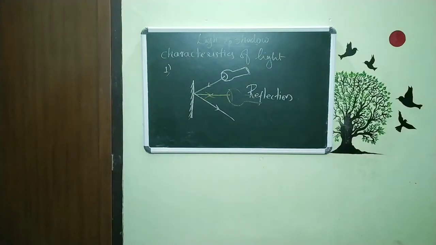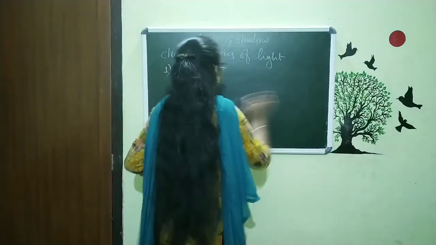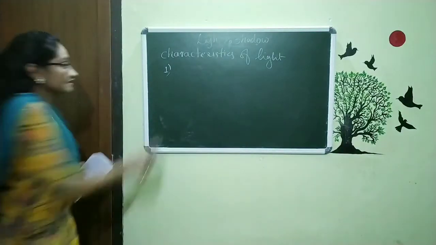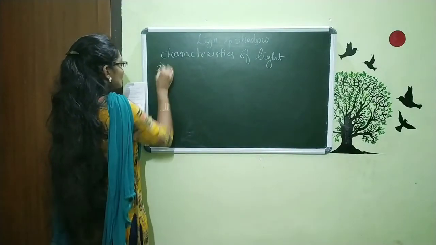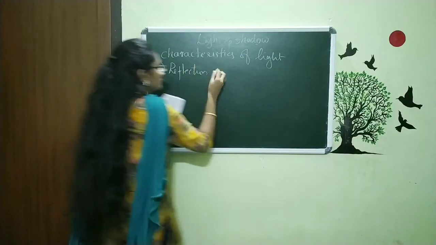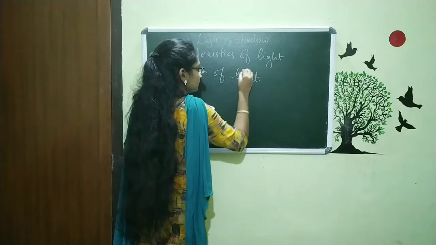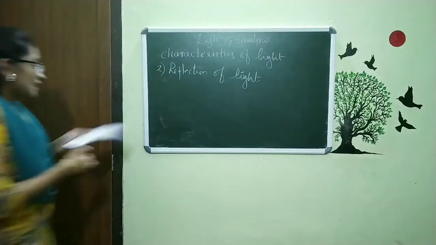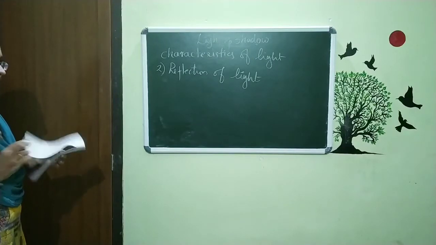So, here you just want to study the property that light has the property of reflection. The second characteristic is the reflection of light. And how can we define this reflection? It is very simple.